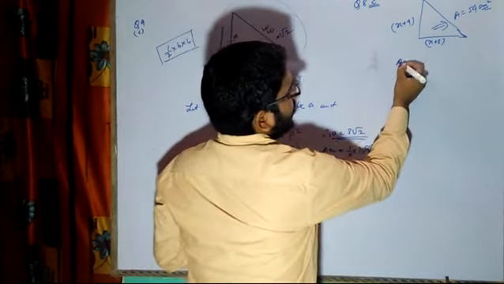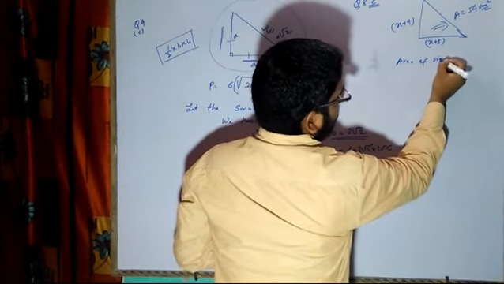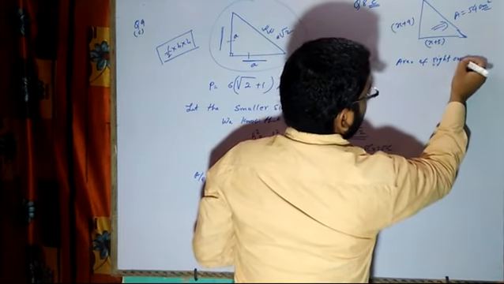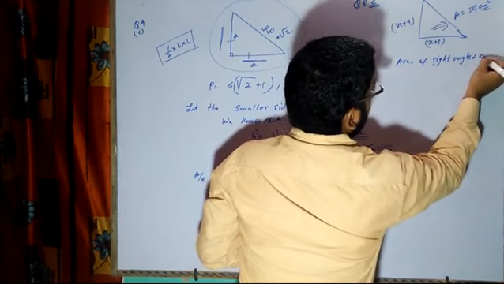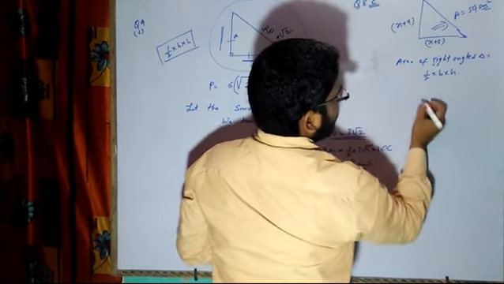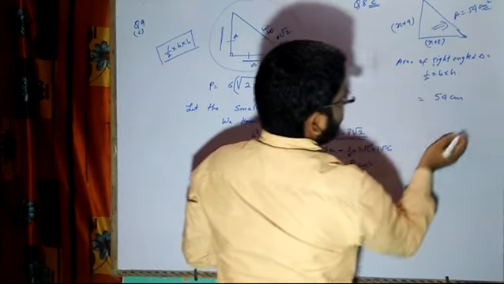Again we can write the area of a right angled triangle is equal to half into base into height, which is equal to 54 centimeter square.